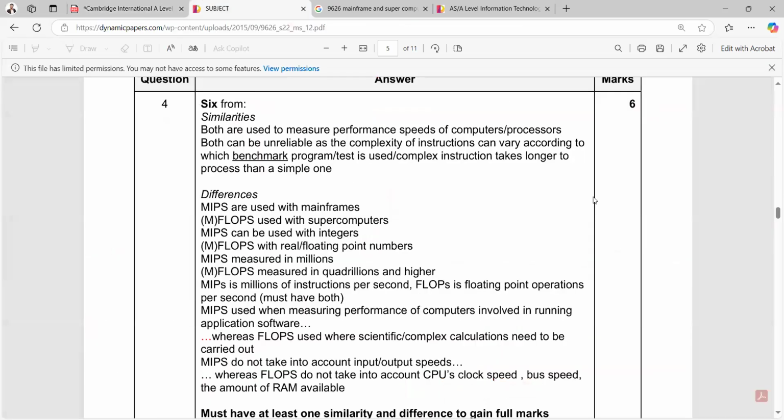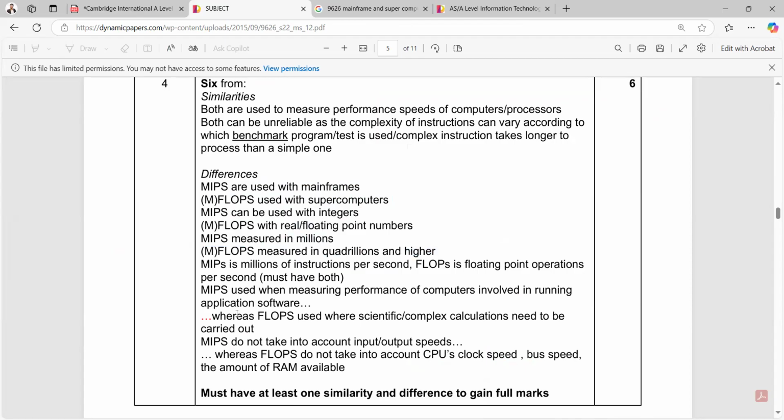MIPS can be used with integers, but megaflops are used with real numbers. MIPS are measured in millions, but MFLOPS are measured in quadrillions and higher. MIPS is millions of instructions per second, FLOP is floating point operations per second, and MIPS is used when measuring performance of computers running application software.